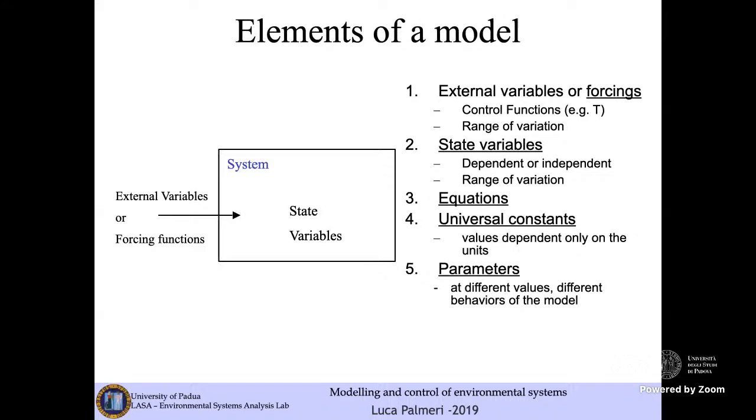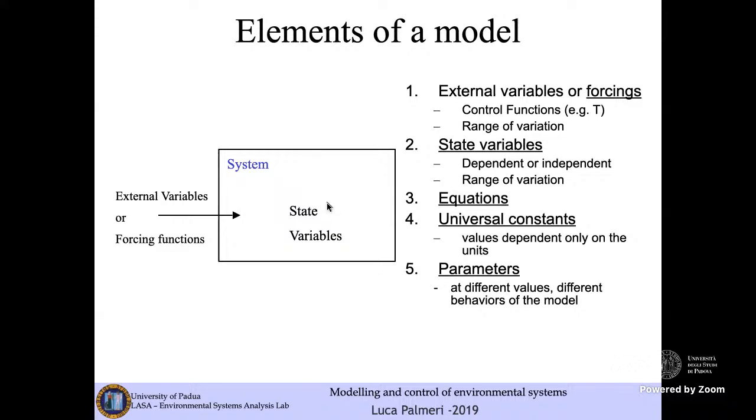As we said, one of the characteristics of an environmental system is the presence of a border, so conditions in which there is a stable inside and an unstable outside.